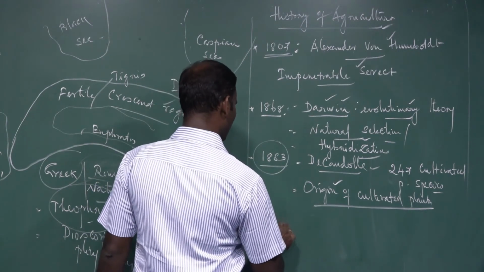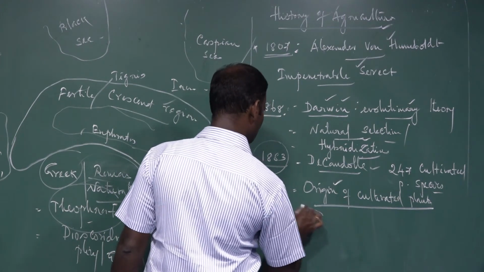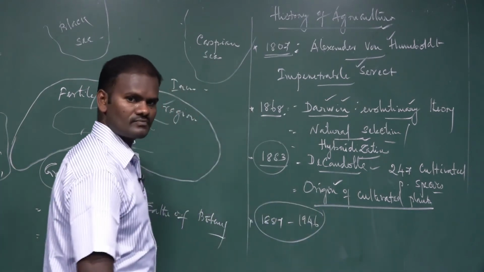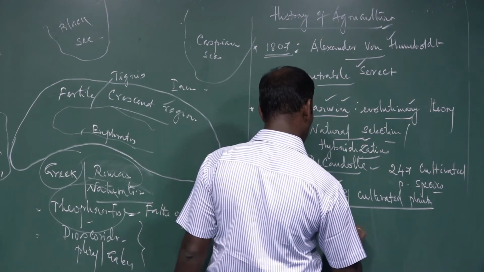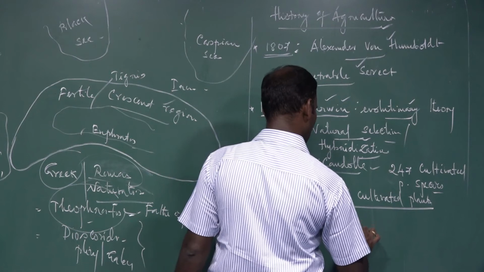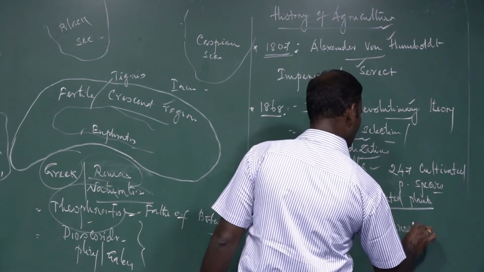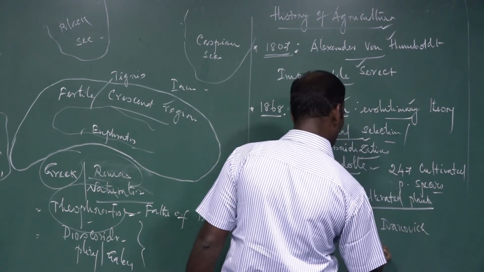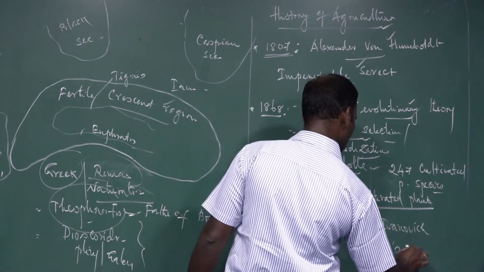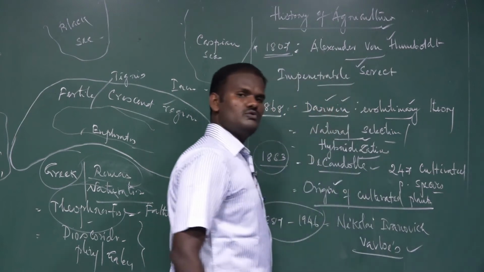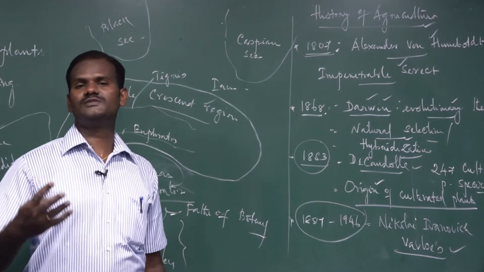Next, 1887 to 1946, during these periods, Nikolai Ivanovich Vavilov made an inventory of certain important crop plant species and their distributions.